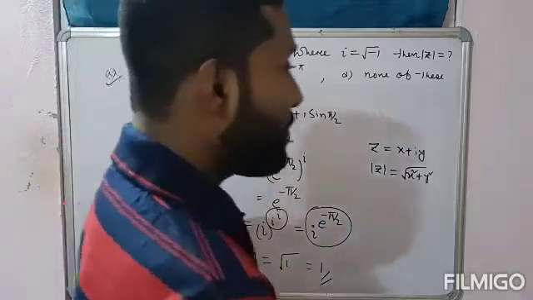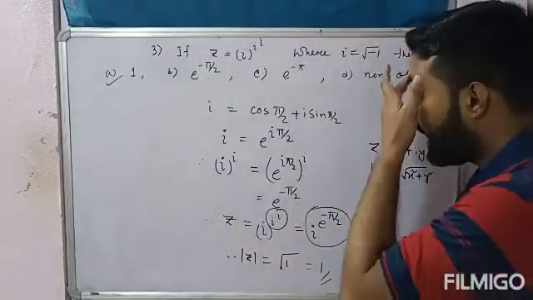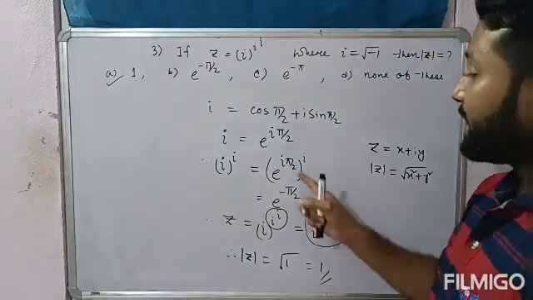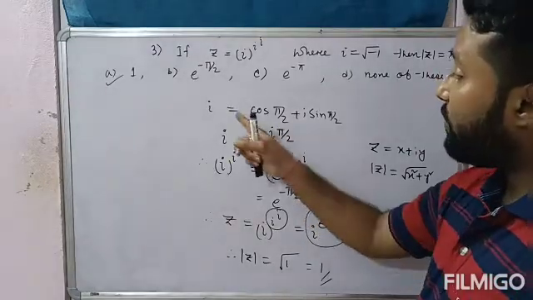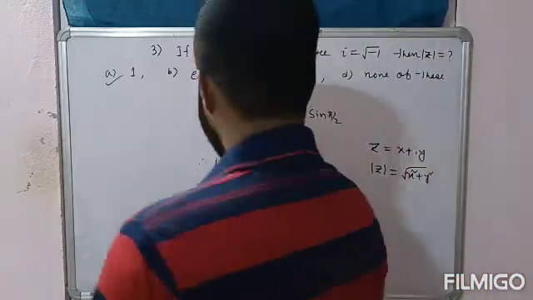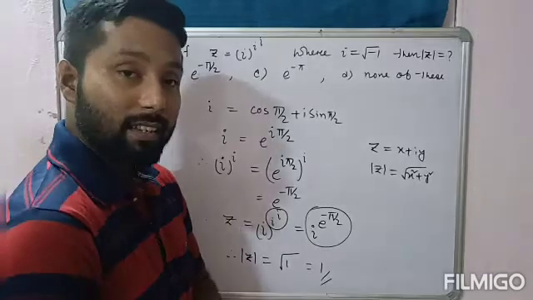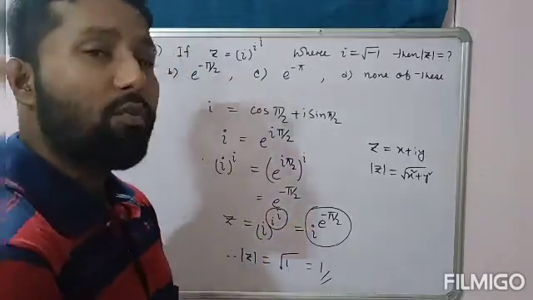But why is mod z equal to 1 here? Look at the exponent of i, e to the power minus pi by 2 is there, no? So e to the power minus pi by 2 is the value of i to the power i. So the value is cos theta minus i sin theta. Since it is a purely imaginary part, we have to look at the coefficient.